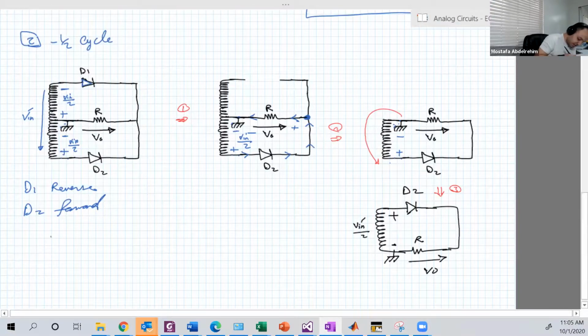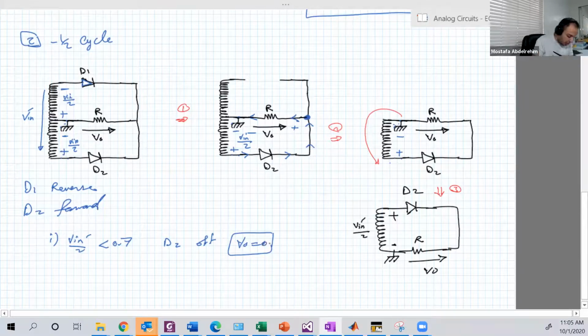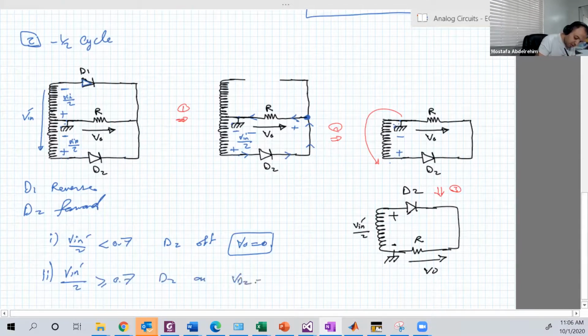So number 1, when V input dash over 2 is less than 0.7, D2 is off. So VO is equal to 0 because I is equal to 0 and I multiplied by R is equal to 0. Number 2, when V input dash over 2 is larger than or equal to 0.7, D2 is on, VD2 is equal to 0.7.